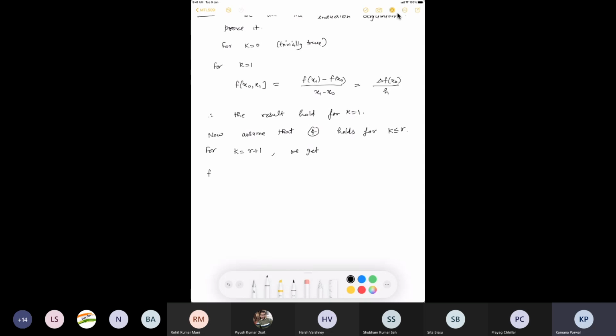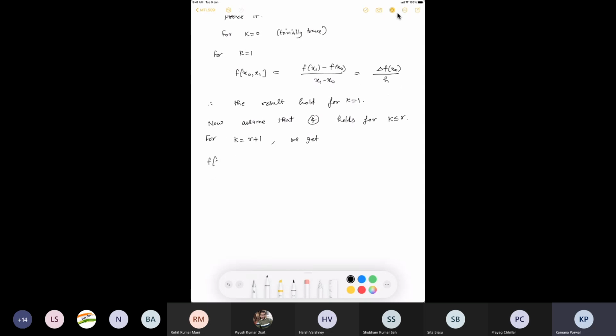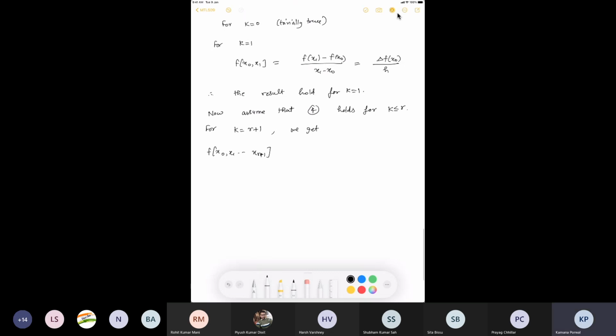Again, I consider the divided difference of f with arguments x_0, x_1 up to x_{r+1}, the (r+1)-th divided difference of f at x_0. Using its definition, this is f[x_1, x_2, ..., x_{r+1}] minus f[x_0, x_1, ..., x_r], divided by x_{r+1} minus x_0.